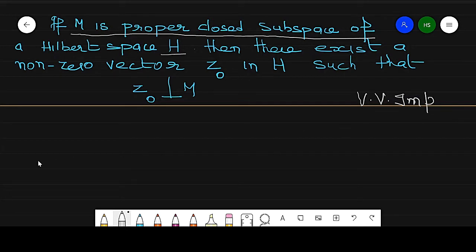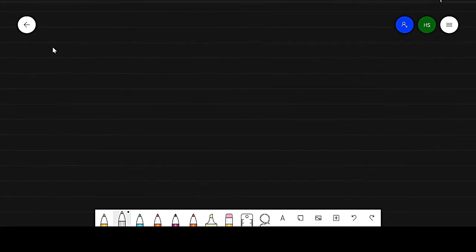So what is the given part? In the given part, proof of the theorem.